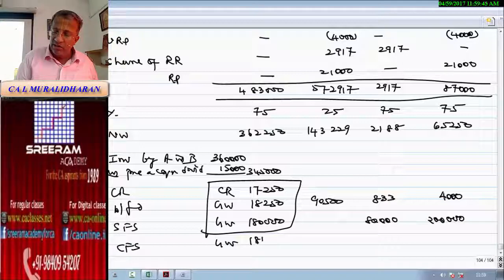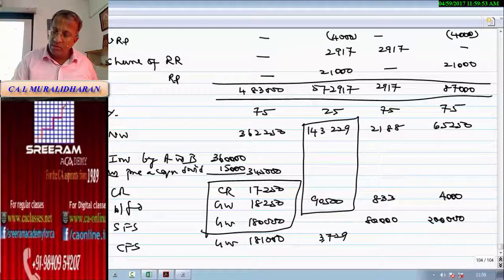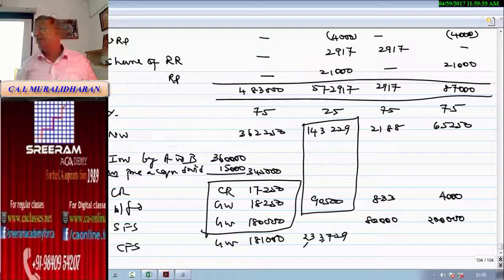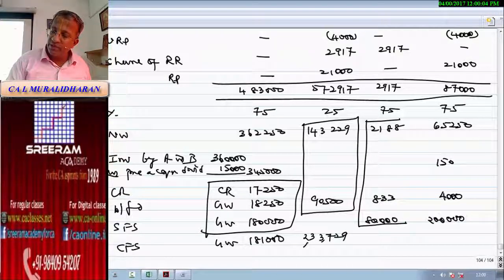Goodwill will be 1,81,000. Your P&L account figure will be 2,33,729. We have to deduct 15,000 from here.